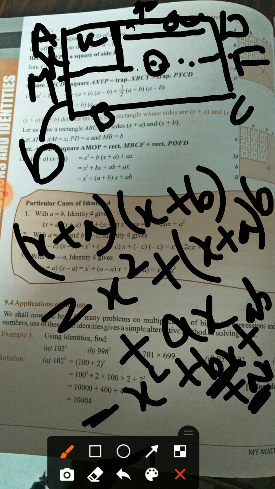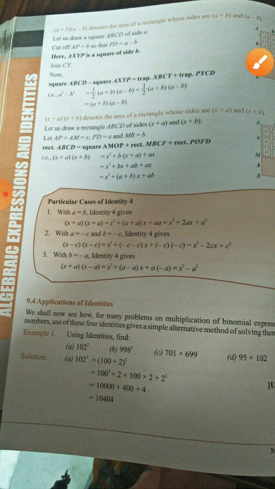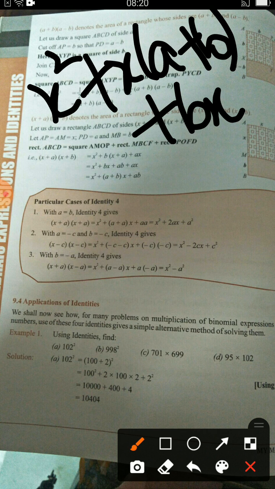So you can write x square plus x common multiplied by (a plus b) plus ab. This is the geometrical representation of the identity (x plus a) multiplied by (x plus b).